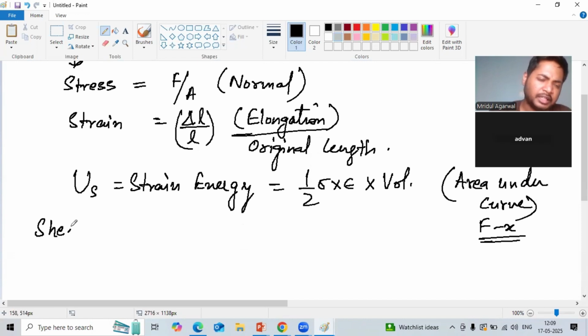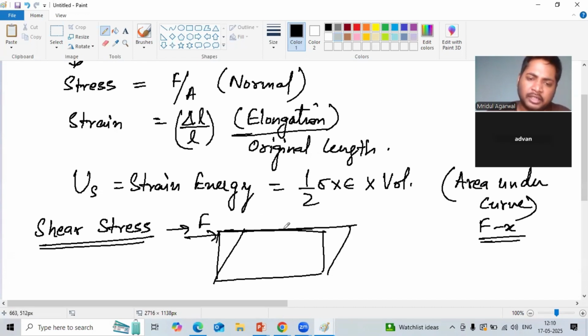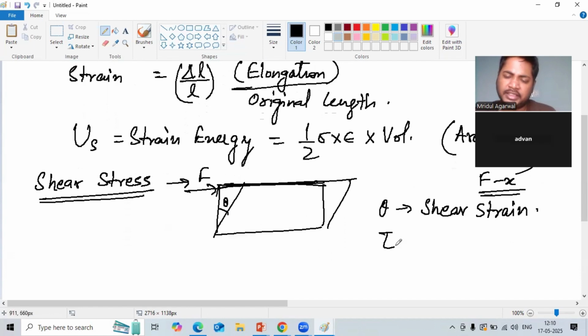shear stress, okay, there is one more term that is given as shear stress. Suppose there is a body and you apply some force parallel to that surface. Then what happens? There is elongation in this part. So basically this got tilted, so theta is given. In this, theta is your shear strain, and tau is the shear stress.